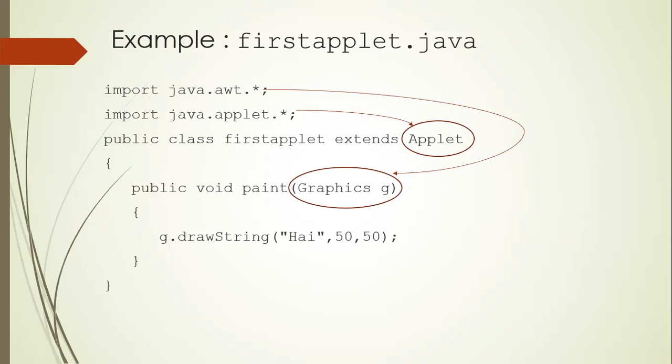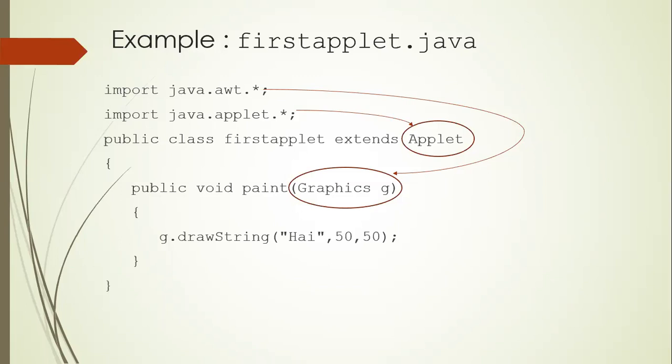AWT means Abstract Window Toolkit. AWT is nothing but a toolkit which has the classes for all kinds of window based tools. Normally, if you are familiar with Visual Basic programming, there is a toolbox on the left hand side.